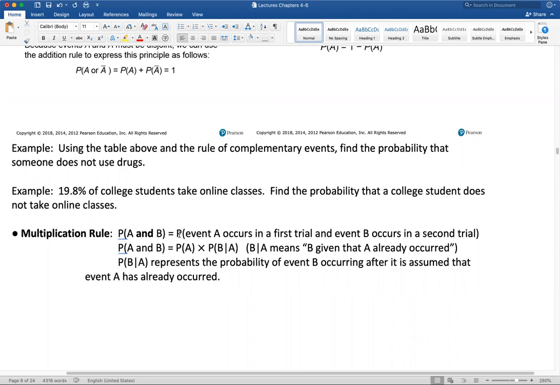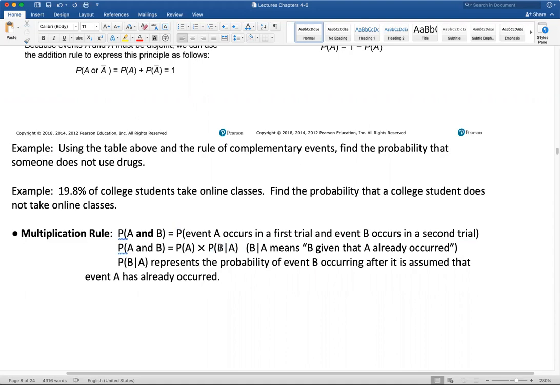Now we can say it like this. For probability A and B, first we find P of A, the probability A occurred the first time, times P of B given A, which is actually conditional probability. We're going to study conditional probability in chapter 4.3.